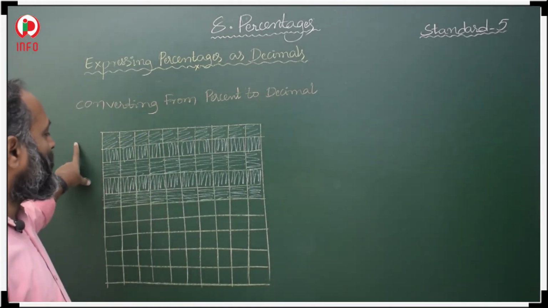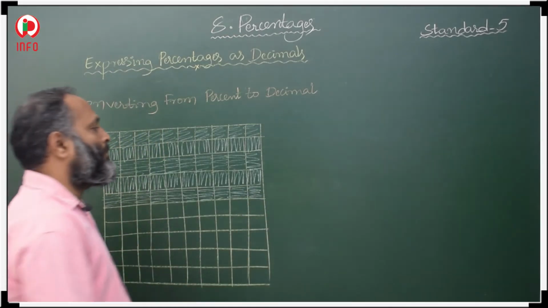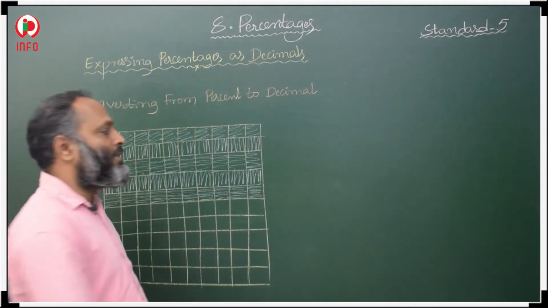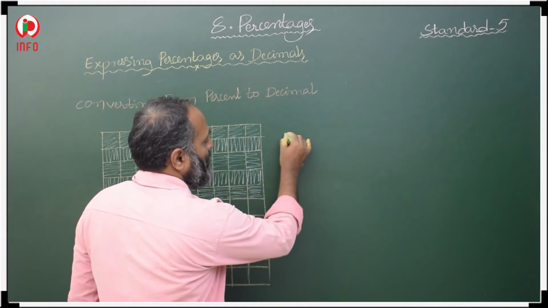Total 50 grids we shaded. 50 grids means 50%. In total 100, if 50 grids are shaded it means 50%.